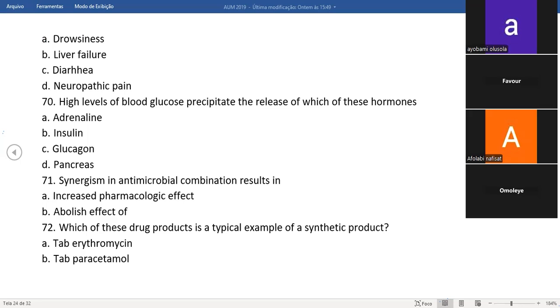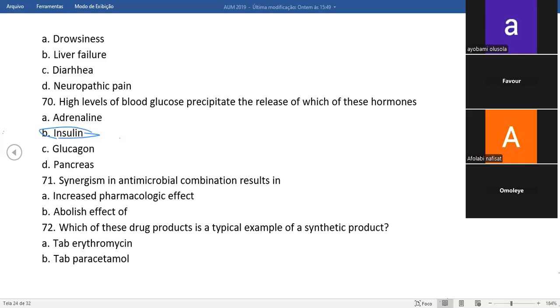Yeah, insulin. Because it is insulin that... what is the function of insulin? Convert glucose to energy. Is that what insulin does? I don't think so.